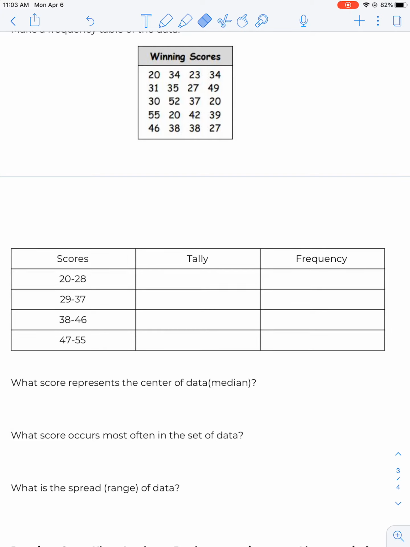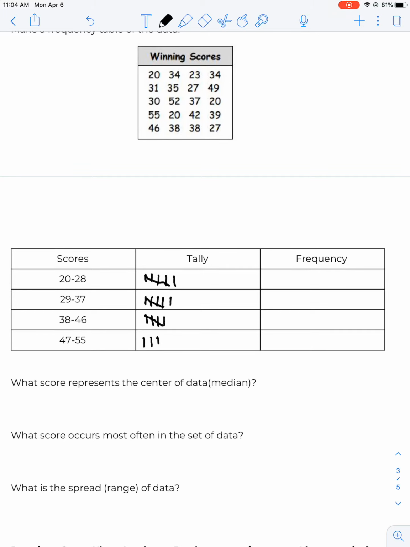So we've got 20, 20, 34, 23, 34, 31, 35, 27, 49, 30, 52, 37, 20, 55, 20, 42, 39, 46, 38, 38, and 27.